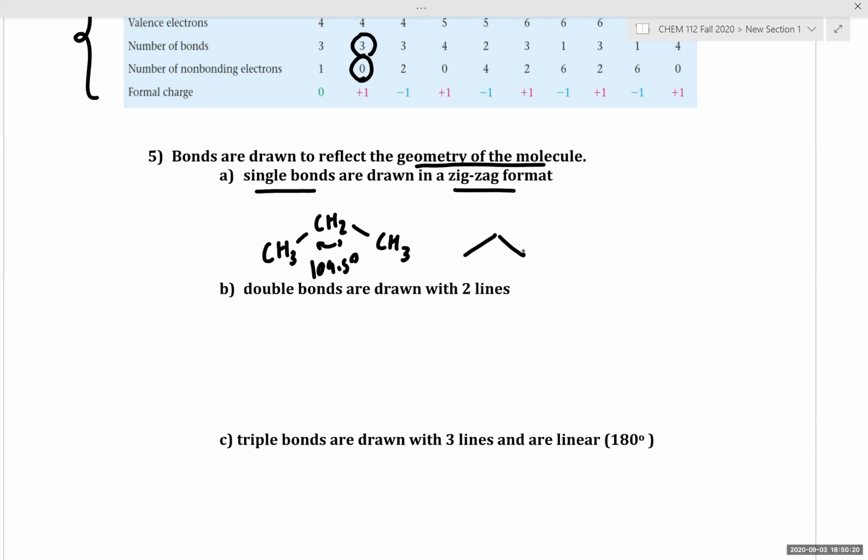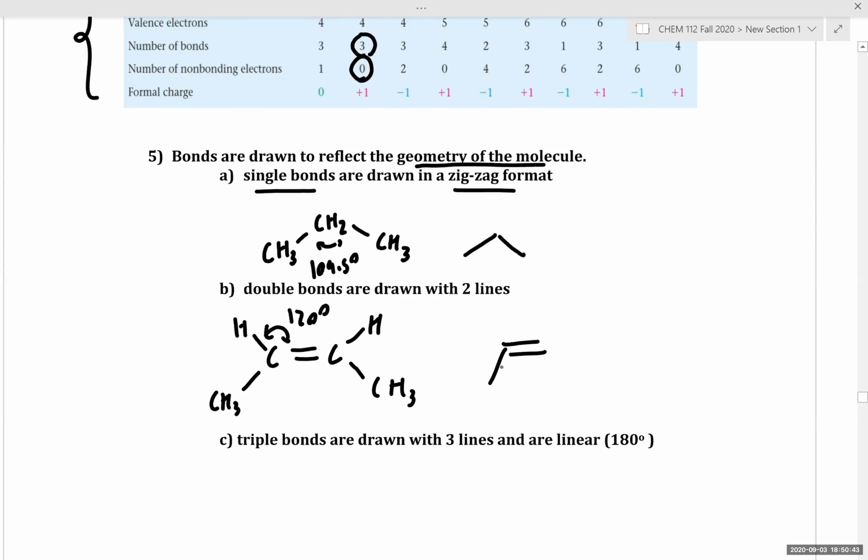Double bonds are drawn with 2 lines, and because a double bond has a different bond angle, remember how we discussed VSEPR theory and double bonds have 120 degree angles, we want to make sure that our line structures represent that.